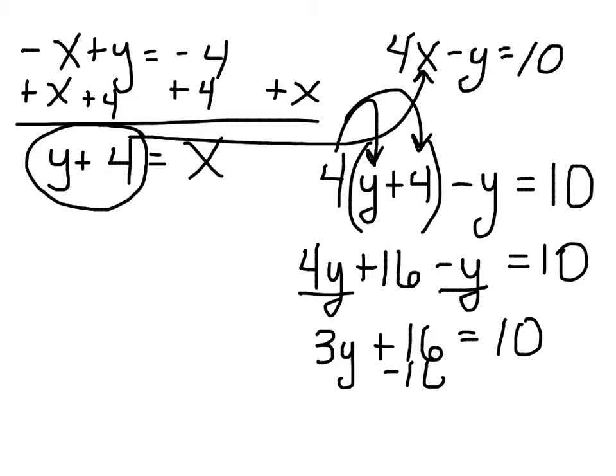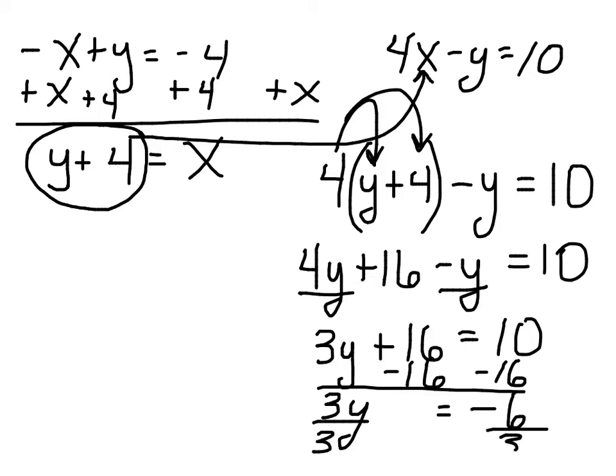If I subtract 16 from both sides, what's 10 minus 16? 6. Close. Negative 6. Good. And then what? You divide. Nice job. What's negative 6 divided by 3? -3. I'll give you the negative. -2. Good.